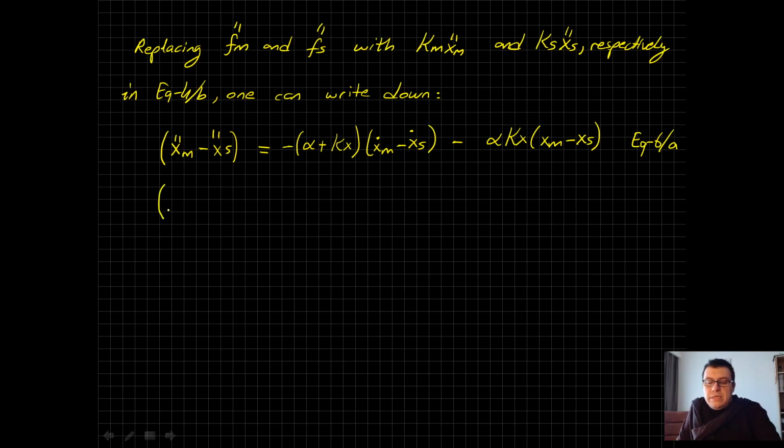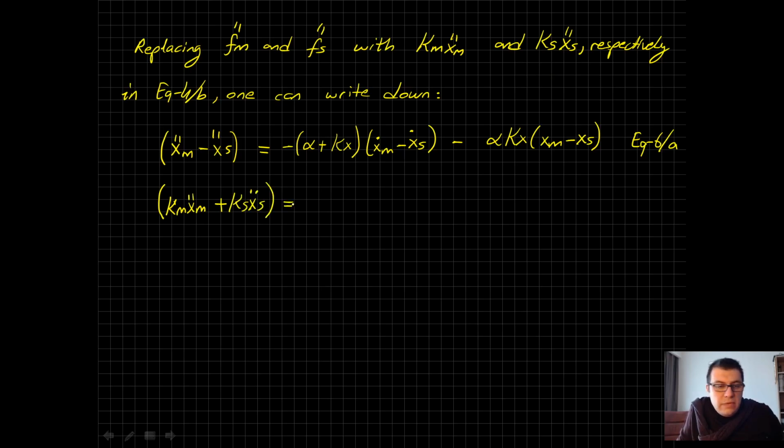The second equation is important. Go back. Instead of f master double dot, we're going to write here km xm double dot. And remember, we were having the plus sign here for f slave double dot. And for f slave double dot, we are writing ks xs double dot.